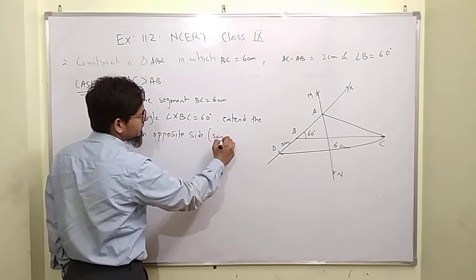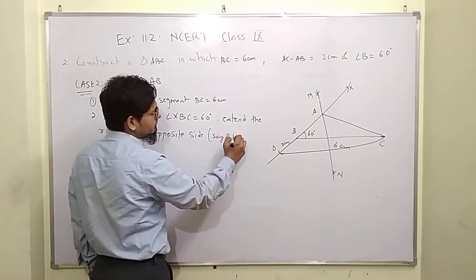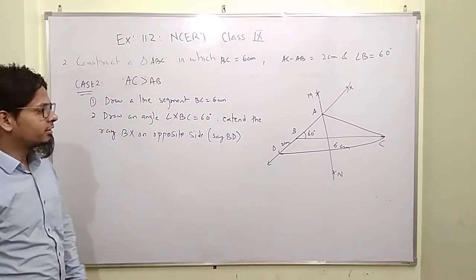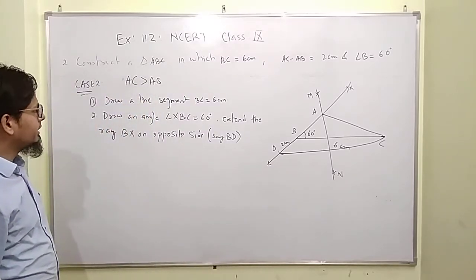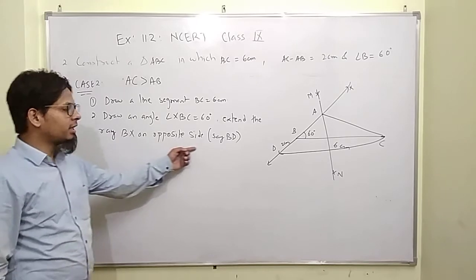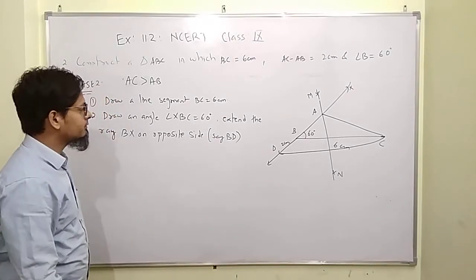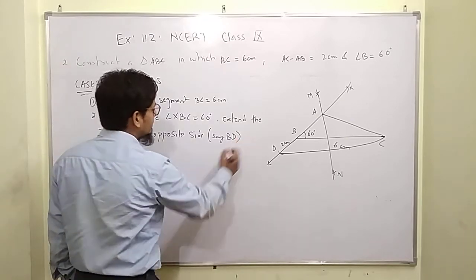In fact, you write say BD. It is the one ray we consider. I extend the ray BX on the opposite side, say BY.